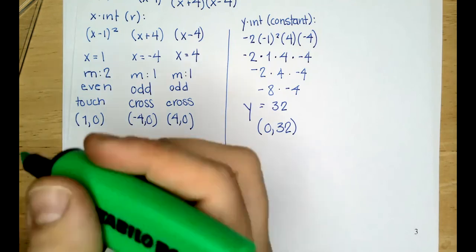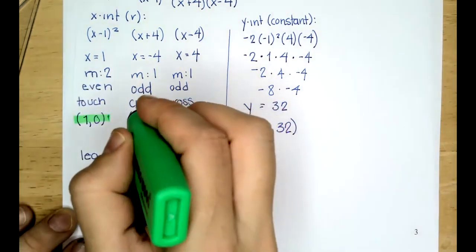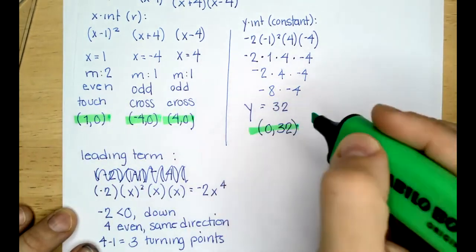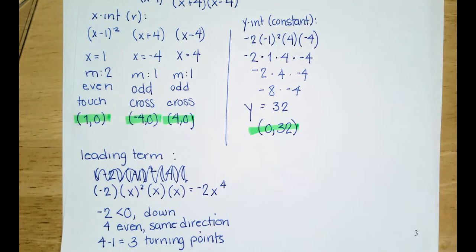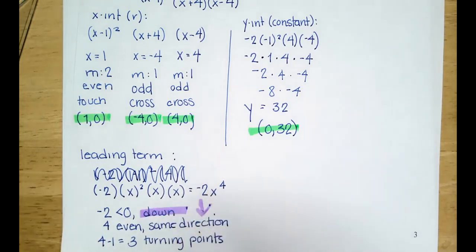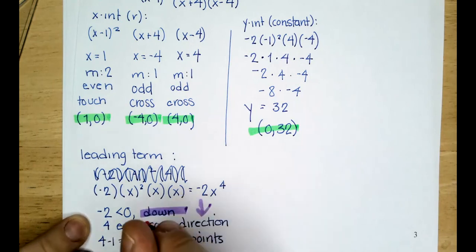Okay, so we're going to touch at (1, 0), cross at (-4, 0), cross at (4, 0), cross at (0, 32). The graph is going down to the right. They're going in the same direction.